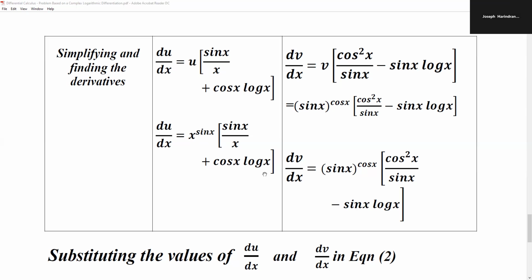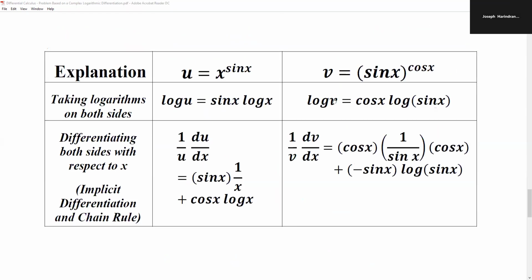Now let us see the v. v is equal to sin x whole power cos x. Again, before differentiating, we have to take logarithms on both sides, because we have an exponent on the right-hand side. So log v is equal to log of sin x whole raised to the power cos x. We use the power rule of logarithms.